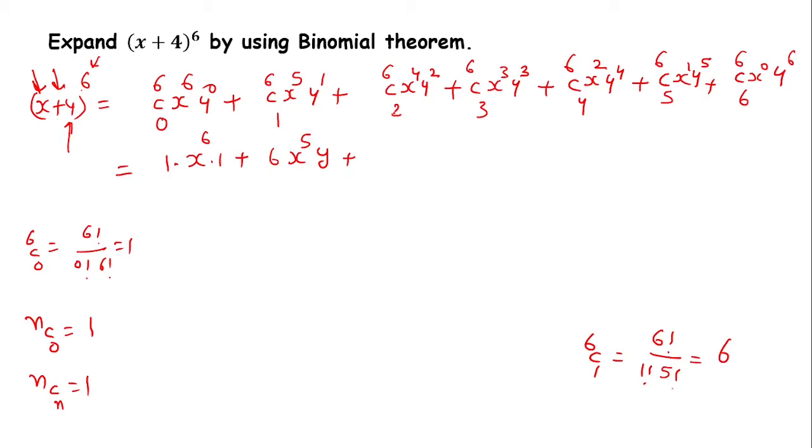6c2. So let's simplify 6c2 now. 6 factorial over 2 factorial, then 4 factorial. So 6 factorial is nothing but 6 times 5 times 4 times 3 times 2 times 1. If you simplify everything, I will get 15. I repeat, if you simplify 6 factorial over 2 factorial times 4 factorial, I will get 15.